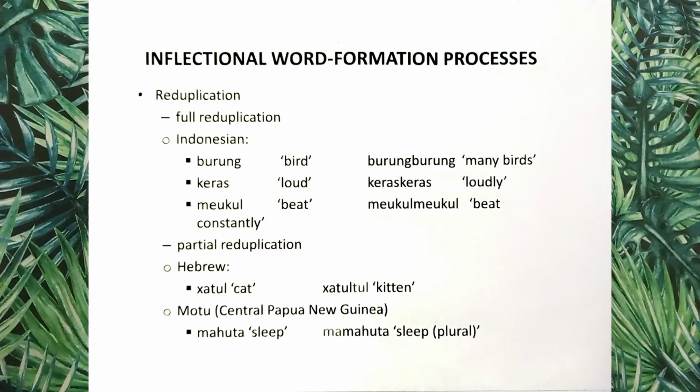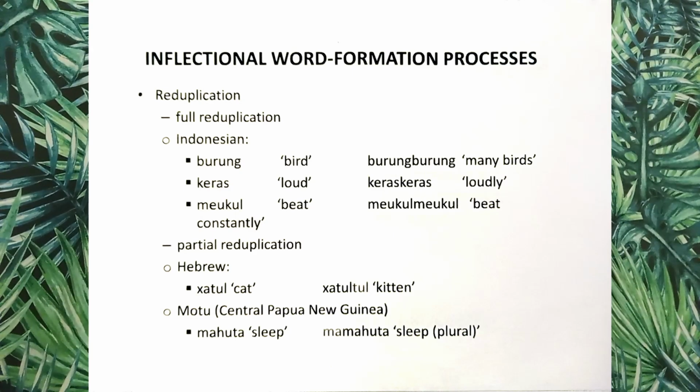According to the full reduplication rule, it becomes memukul-memukul. It means the word changes from beat to beat constantly, right? So this is about full reduplication. Let's look at partial reduplication.